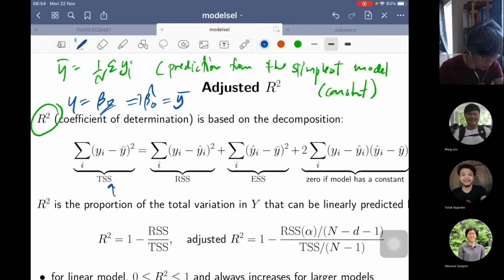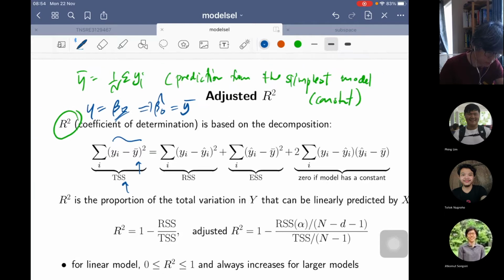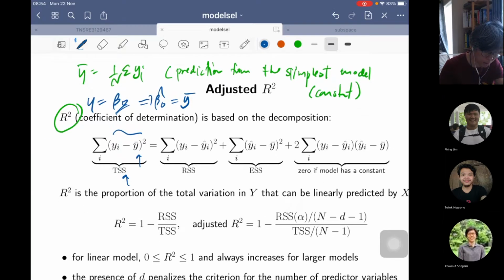So in the TSS, the total sum of squares, we see how well the simple constant model does, so this is the error of the constant model. From algebra, you can prove that this identity holds.